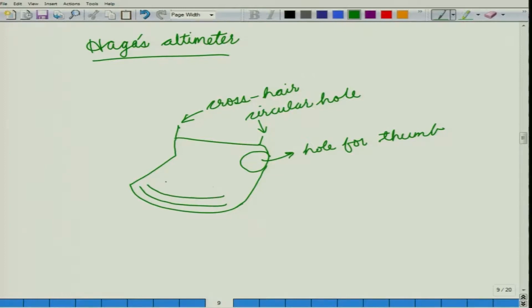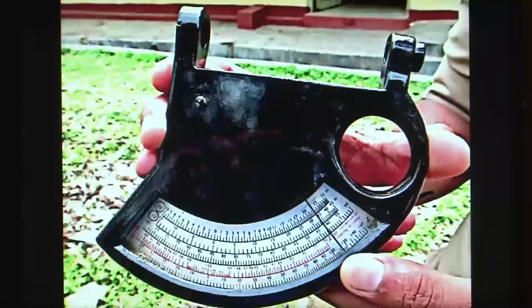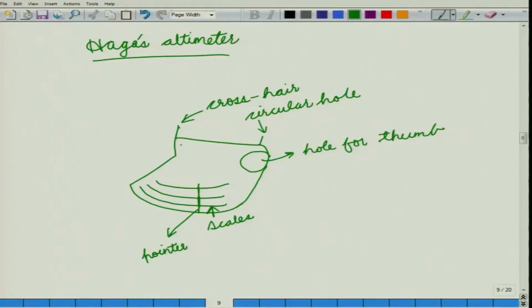And here we have a number of scales, and we also have a pointer. Now, if we go back to the slide again, on the left side you can see a small button that is right beneath the crosshairs. Now, there would be two buttons actually. So, you will have one button here and the other button here. There are two buttons, we will see it in another picture.